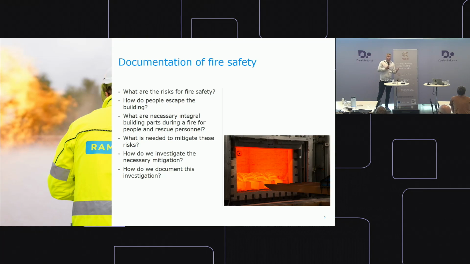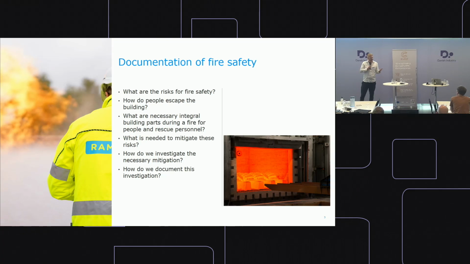But what if we see a case where that's not the issue, where it isn't necessary to have sprinklers even though we have a very large room? Where it could be because there isn't any fire load in the building.